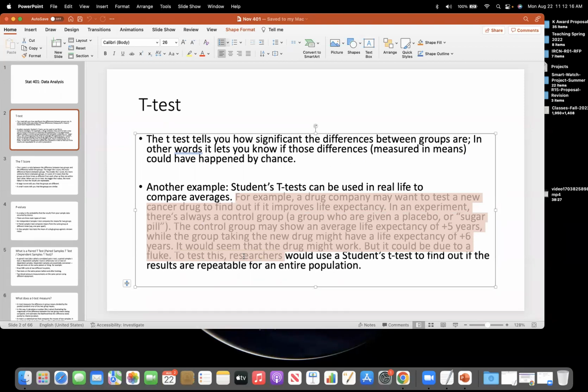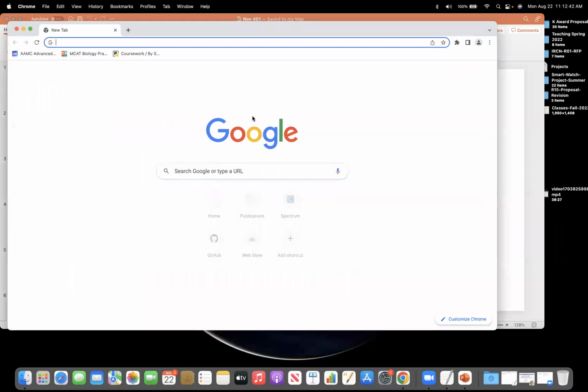And then you compare the life expectancies of your treatment group and your control group. And then you apply the t-test, right? A student t-test to see if the means of the treatment group are different than the means of the control group, right? So it's a very basic test which is used in data analysis.